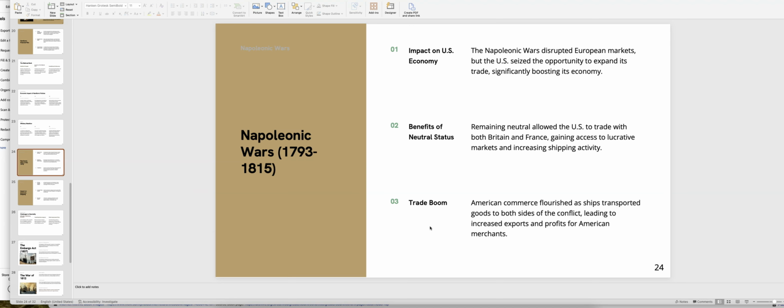The Napoleonic Wars, on the other hand, are talked about a bit here. Again, this helps the U.S. economy in multiple ways. The one big way is that it reconfigures the markets, and it helps the U.S. trade with both England as well as France, while saying that they are neutral.